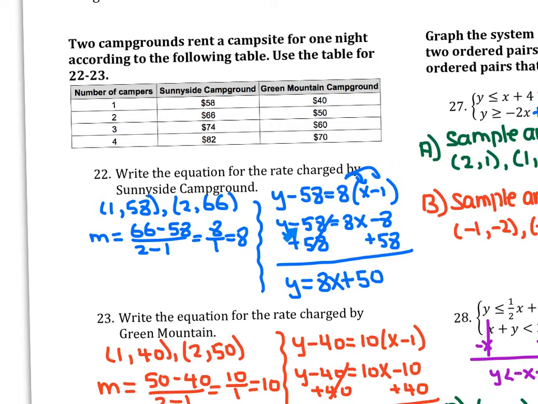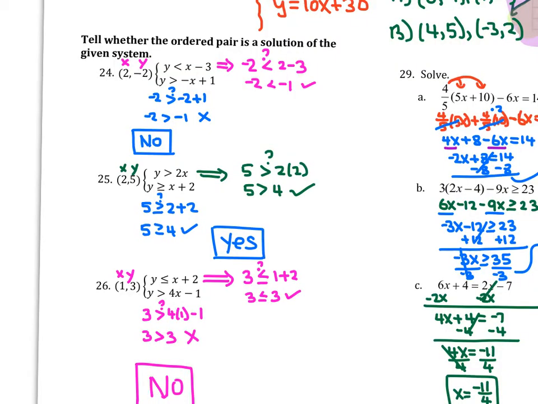Distribute the 8, add the 58, and you end up with an equation of y equals 8x plus 50. So that was the part for Sunnyside Campground. You can do the same thing for Green Mountain Campground, which is number 23. On number 24, 25, and 26, they're very similar. So I'm probably going to only do number 24 and number 26.